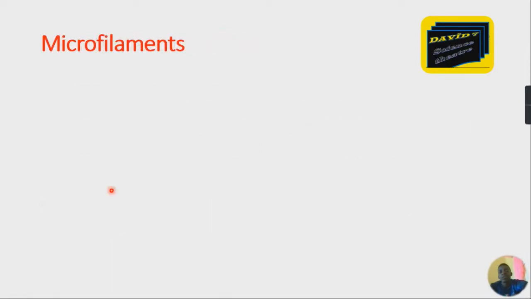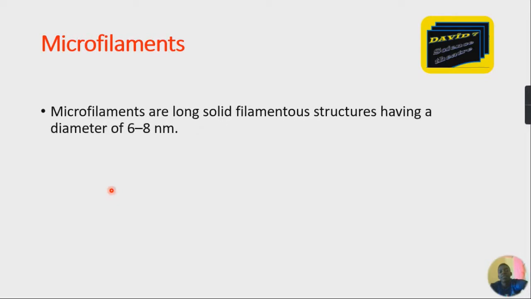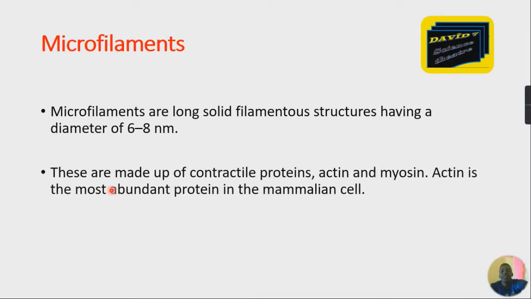Let's talk about microfilaments. The microfilaments are long, solid filamentous structures having a diameter of 6 to 8 nanometers. These are the smallest. And they are made up of majorly contractile proteins, which we know as actin and myosin. And actin is the most abundant protein in mammalian cells.